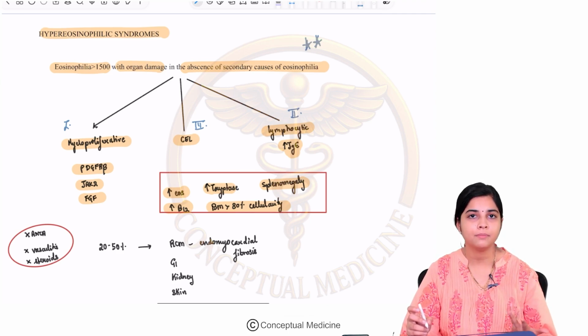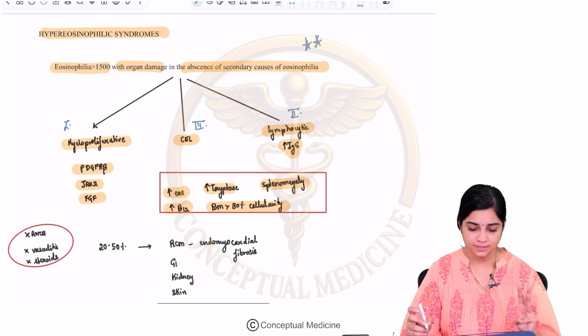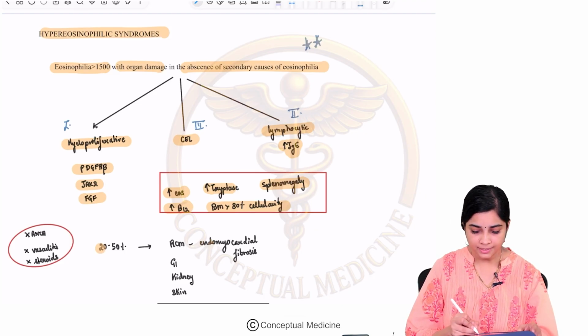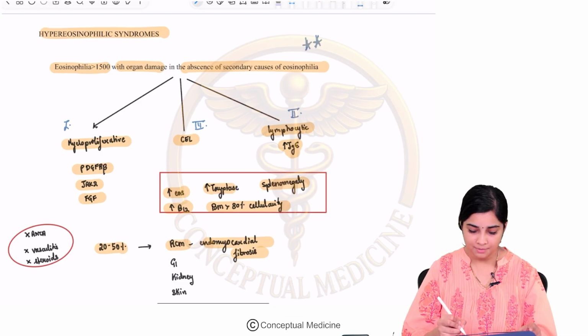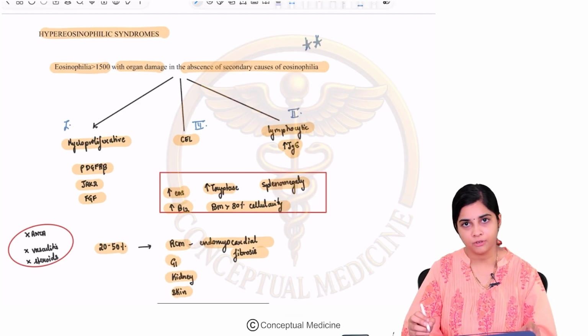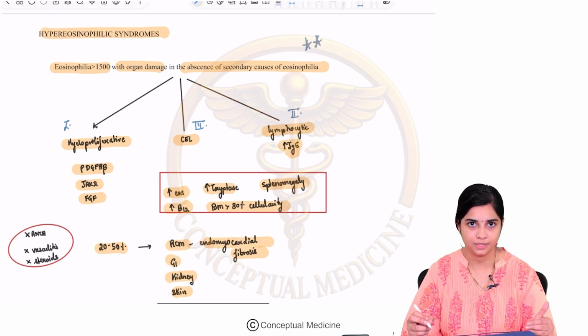So there will be bone marrow infiltrates more than 80% cellularity. Okay. 20 to 50% of the patients can also develop restrictive cardiomyopathy and endomyocardial fibrosis. Apart from that, they can have GI, kidney, skin involvement, very similar to EGPA.